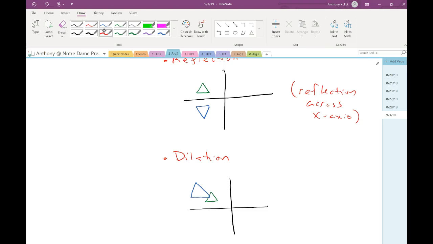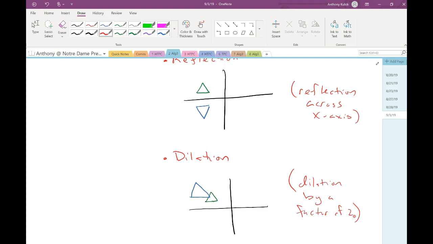The size changes. The location might change, but the orientation should stay the same. Notice it's still pointing in the same direction. Everybody recognize these from geometry when we talked about geometry last year?